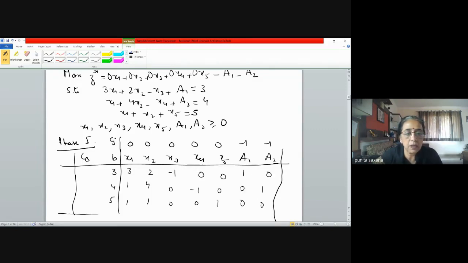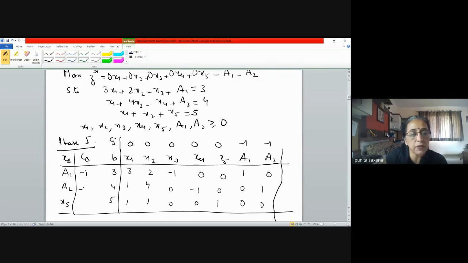So your table itself is telling you that your basic variables are A1, A2 and X5, right? So the coefficients here are going to be -1, -1 and 0. Am I right?